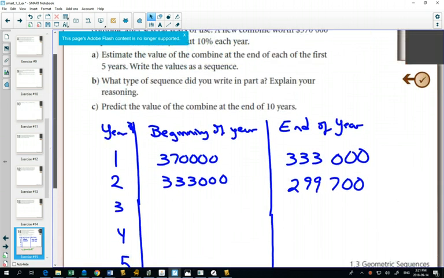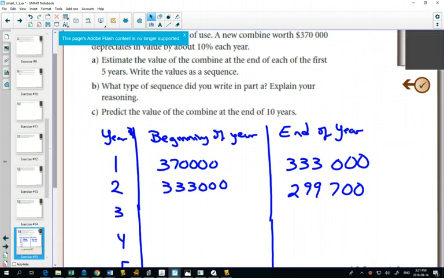Then in part C, predict the value at the end of 10 years. According to our sequence, and the way that we set up our chart, term 2, is this the end of 2 years? No, this is the end of 1 year. Does that make sense?